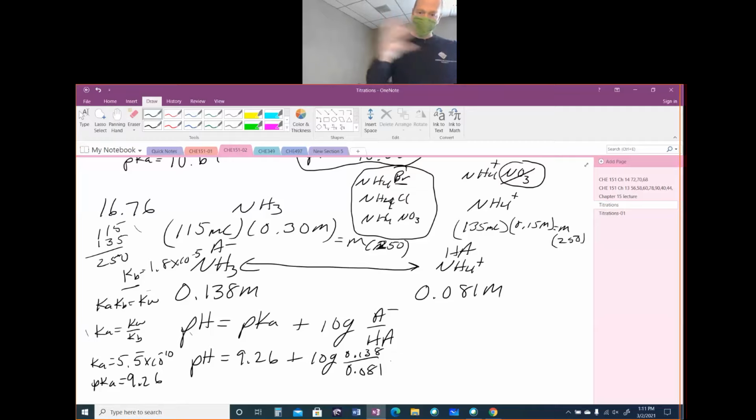I'm going to get my final answer at the end and not round anything off until the end. So I take my 0.138 and divide by 0.081. I get that answer. I take the log of that, and when I do, I get a pH of 9.49.